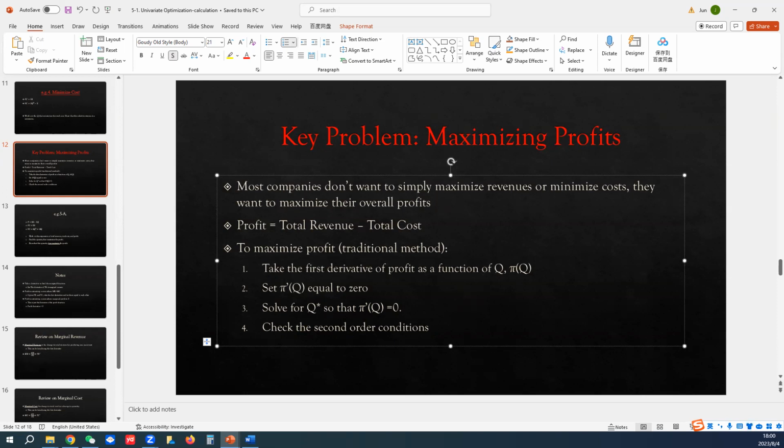And the last one is to check the second order condition to make sure you're maximizing it. As you're maximizing, this is supposed to be a concave function, and namely, the second order derivative should be smaller than 0.